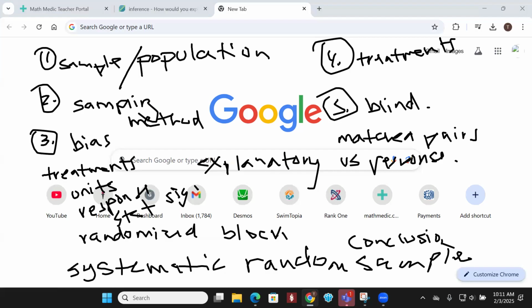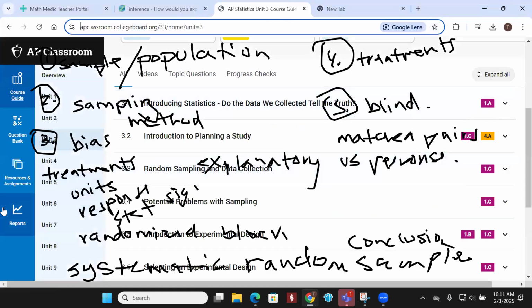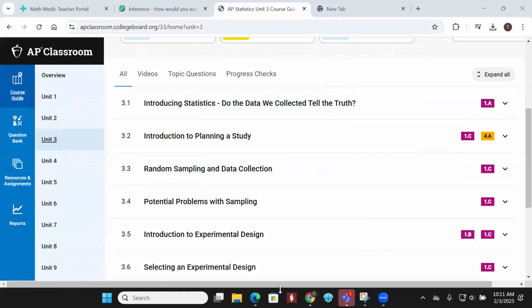There is a progress check in MCQ Part B. Y'all tend to do worse on your MCQs because you're not slowing down to read. So I need us to actually slow down and read. You're going to do your MCQ Part B.